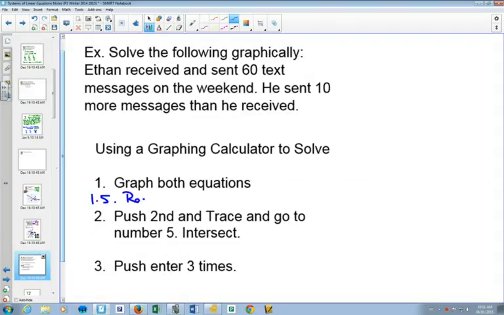You may need to reset your window so that you can see the intersection point. Sometimes your intersection point won't show up on the window that you started with.